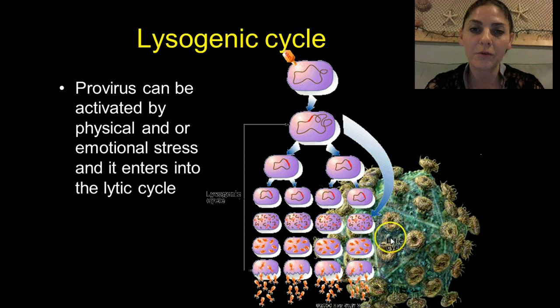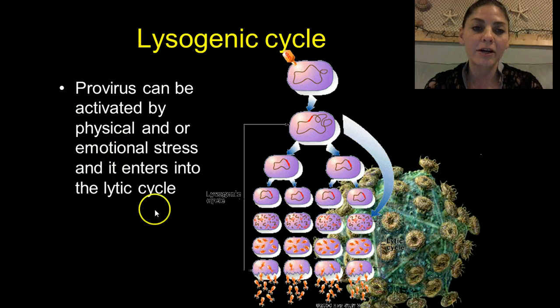So first of all, looking at the lysogenic cycle, we have the attachment and entry, and then it gets incorporated into the DNA of the host cell. So this is the viral DNA right here. And as you can see, each time that cell divides, it gets incorporated into more and more and more cells until eventually something triggers it.